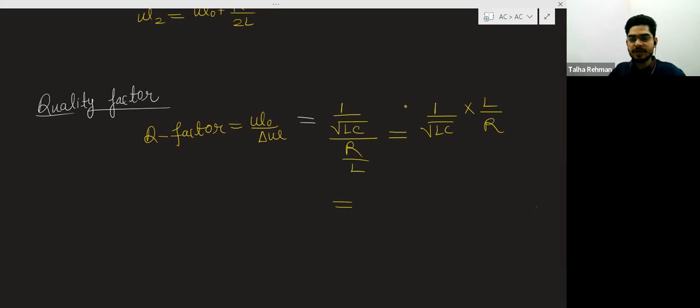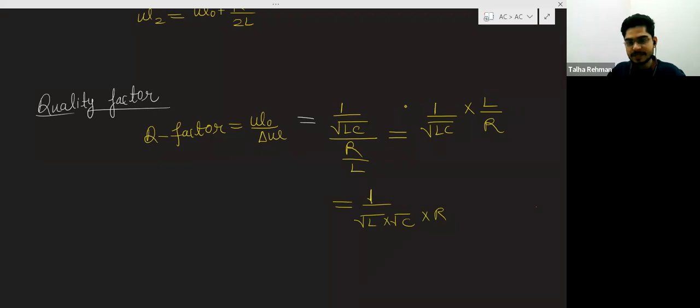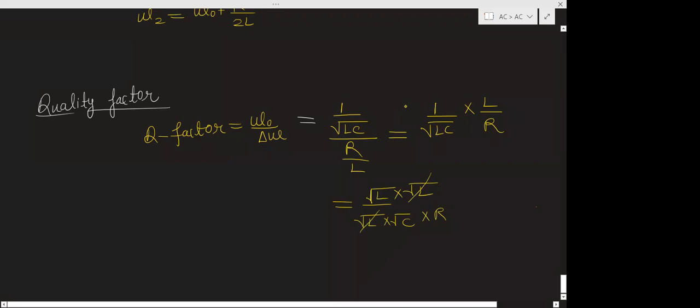Here, this can be written as under root L into under root C into R, and here is L. L can be written as under root L into under root L. So 1 under root L and 1 under root L will be cancelled out.